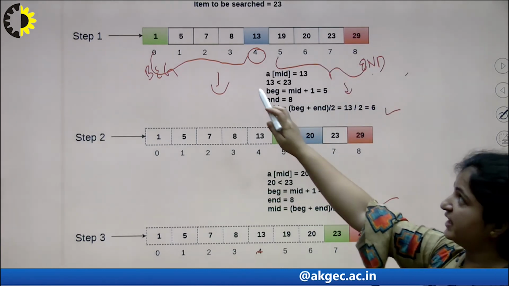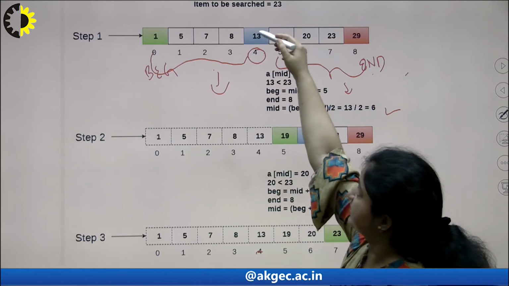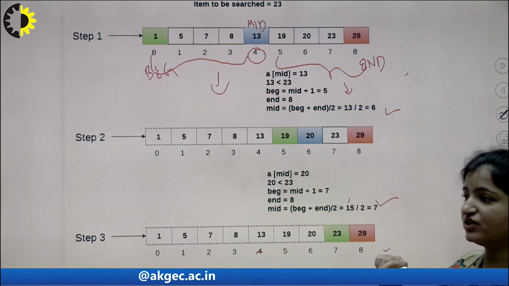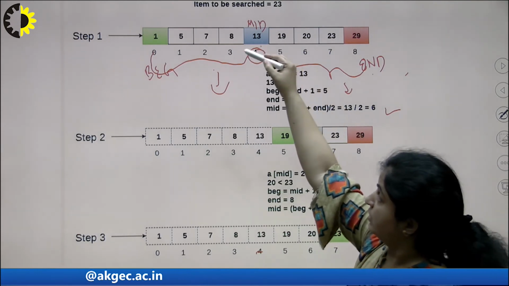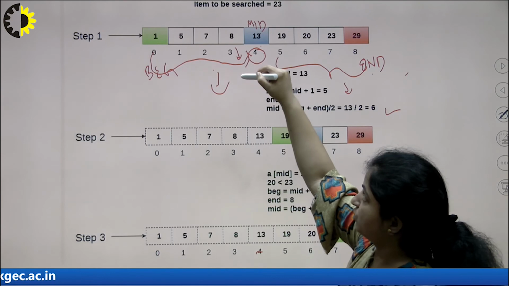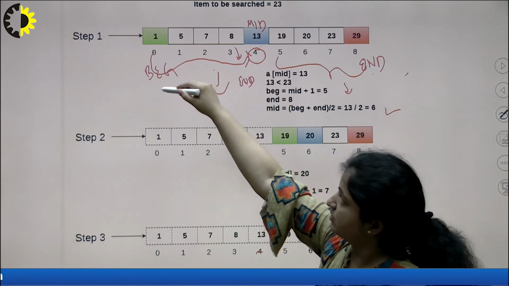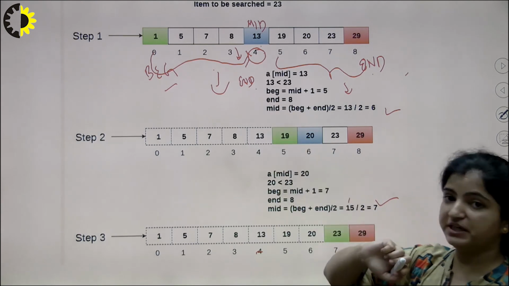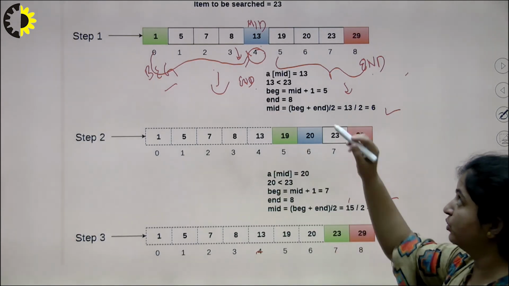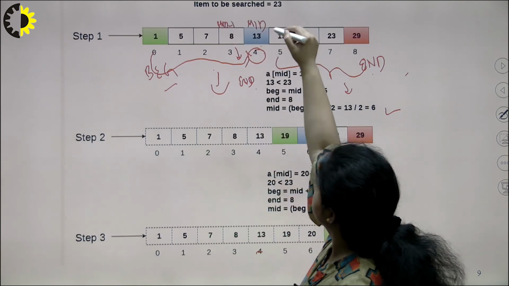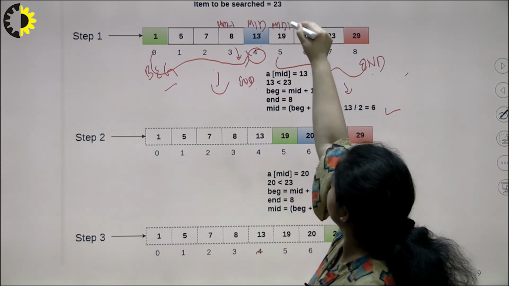If we are checking in the left half of the array, and this is mid, then obviously the end is changed. Now this is end and this is beginning. So beginning will remain the same, end needs to be updated, and it is updated to mid minus 1, and this other position is mid plus 1, fine.